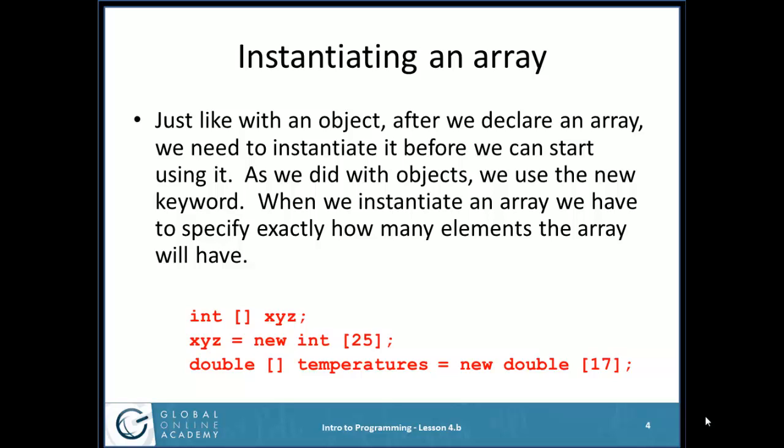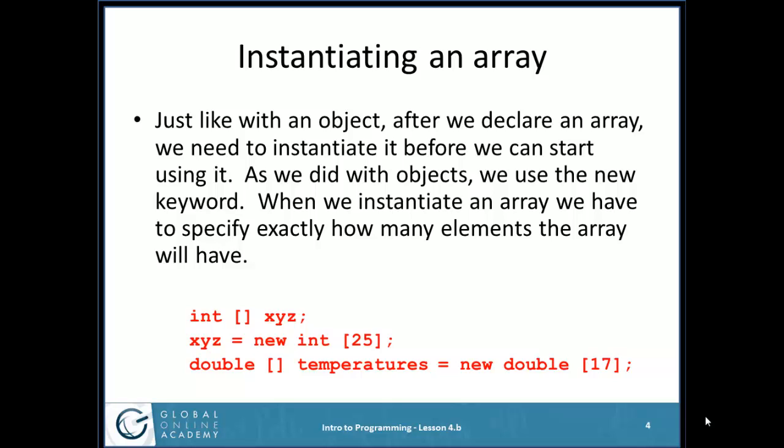So going back to one of the examples from the previous page, if I have int[] XYZ, that says XYZ is going to be an array where each element is an int. The next line, XYZ = new int[25], means now that you know that XYZ is going to be an array, create a new array that has 25 elements in it, each one of which is an integer, and hook up the variable XYZ so that it's pointing to those 25 ints.